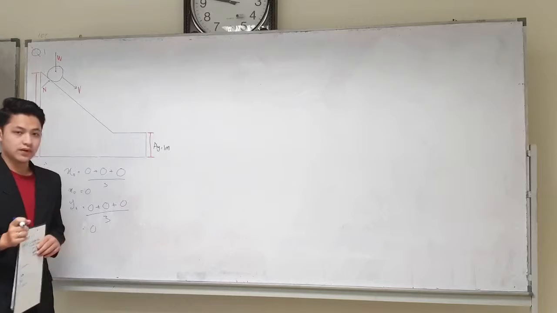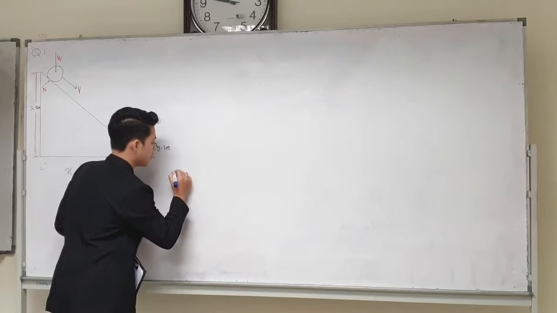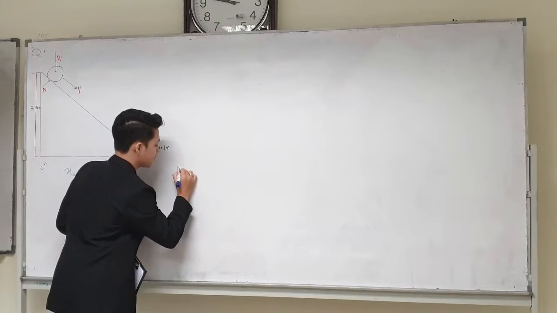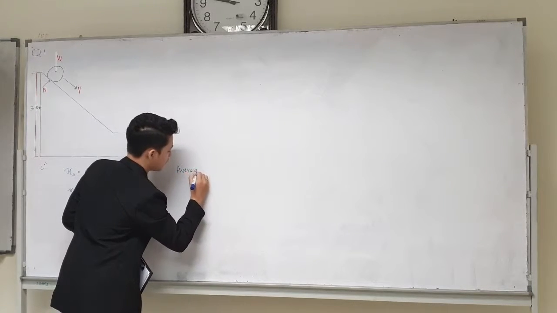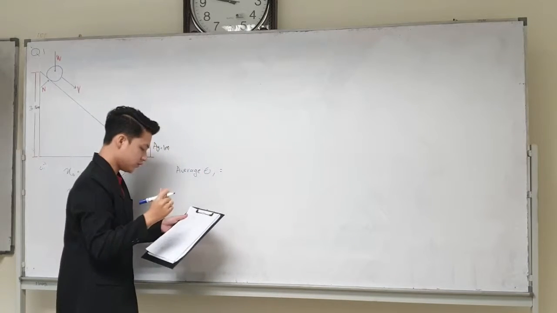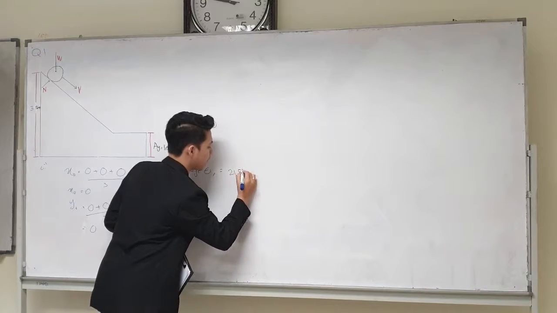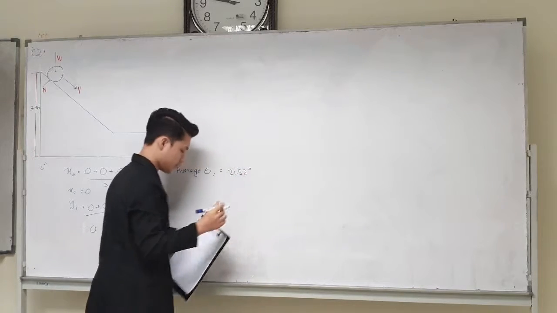After that, we will find the average of theta. For the first angle, we use 21.52 degrees.